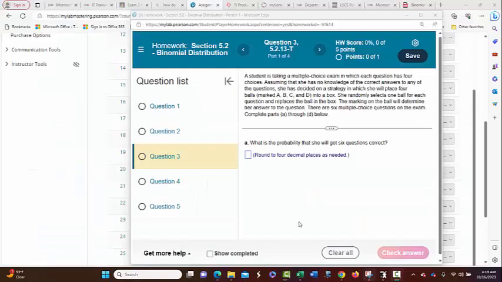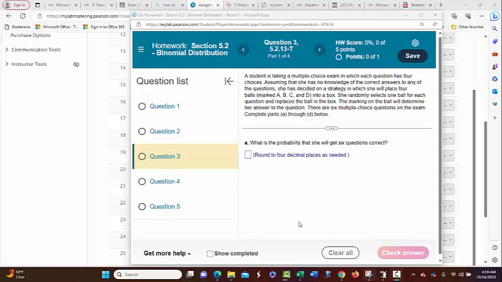Okay, it's homework time for this section on the binomial distribution. So let's do it. I'm going to start with this number 3. A student is taking a multiple choice exam where each question has 4 choices.